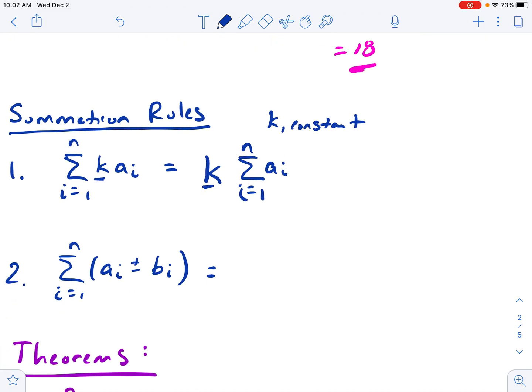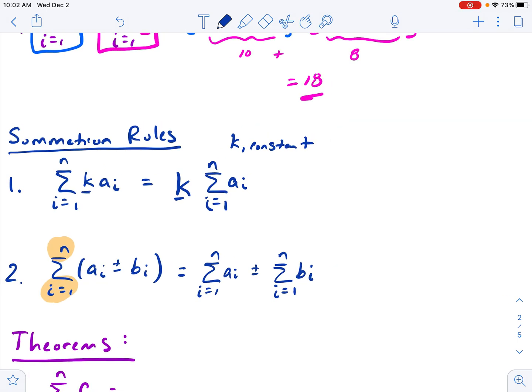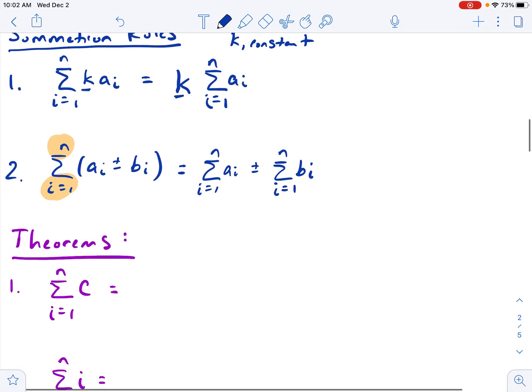The sum or difference of two summations, as long as these are the same, can be broken up into their own summation. So this can be broken up into the summation as i goes from 1 to n of a sub i, plus or minus the summation as i goes from 1 to n of b sub i. Okay, so basically what that's saying is if you're adding or subtracting terms within a summation, if you wanted to, you can break it up into individual summations. And you'll see how that comes into play a little later, okay?